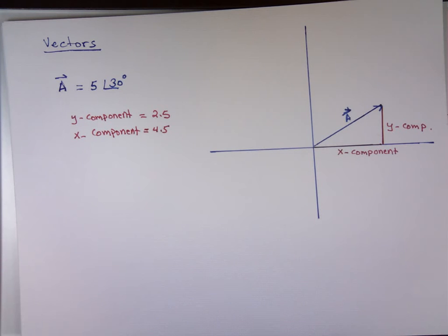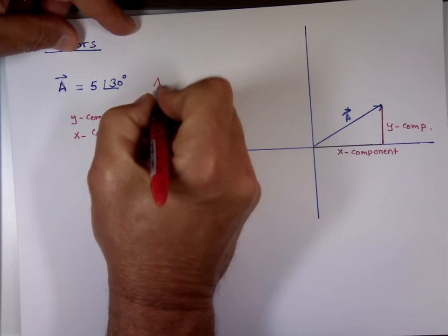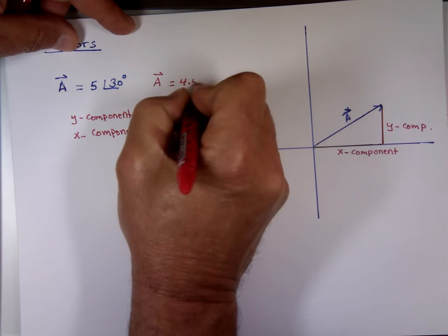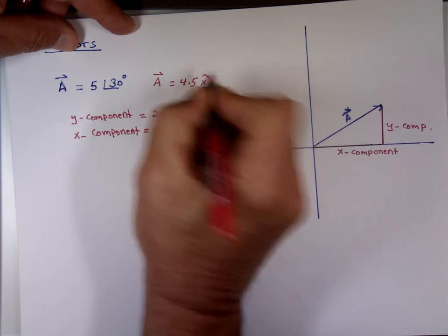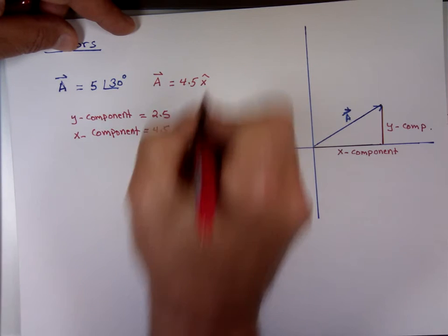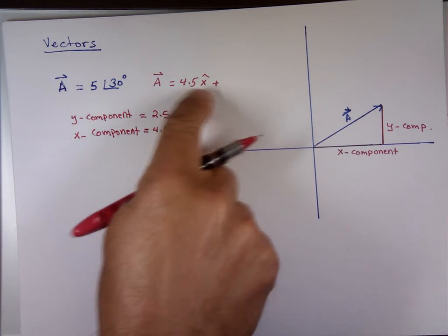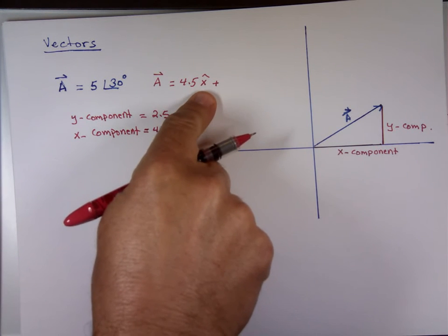You can rewrite that by saying vector A is actually 4.5 in the x direction. Notice I put x with the hat. That's in the x direction. You'll find that in Mastering Physics, you'll find a little box on the top. You click on it. These x with the hat, y with the hat will show up.